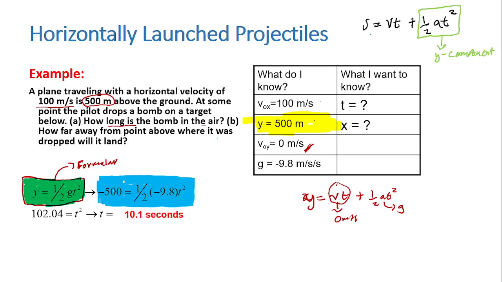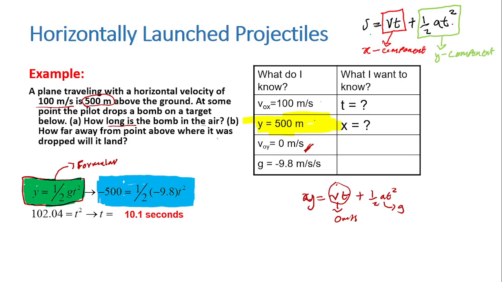Then another secret from this same formula: the Vt part goes with the x component. Why does it go with the x component?